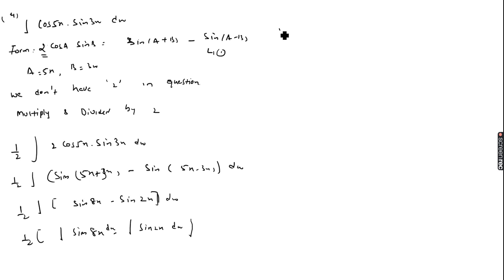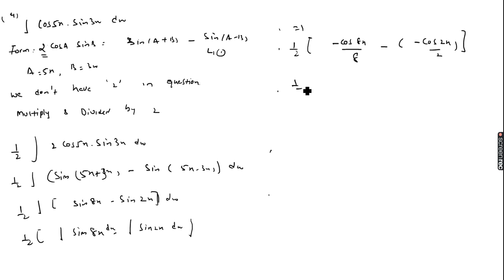So therefore 1 by 2 into the integration of sin, which is minus cos 8x by 8, minus of minus cos 2x by 2.